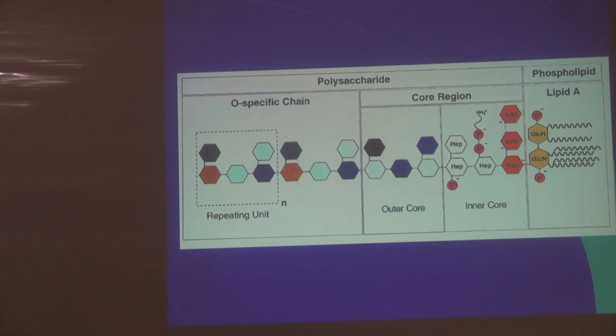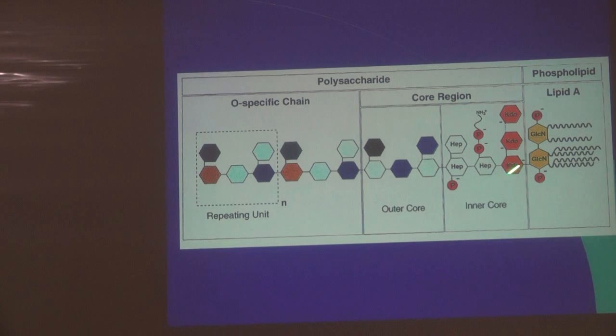Also, for those who are not working with LPS, I should say that typical LPS is composed of three major regions. The first one is the lipid A, which is responsible for the endotoxin activity of LPS. This lipid A is usually very conserved, very similar in many gram-negative bacteria, but it is quite different in Coxiella burnetii.